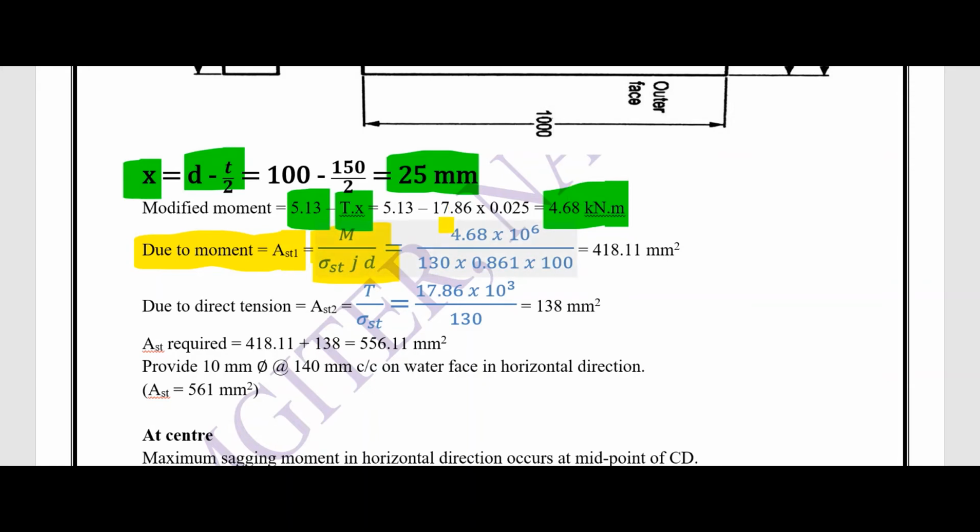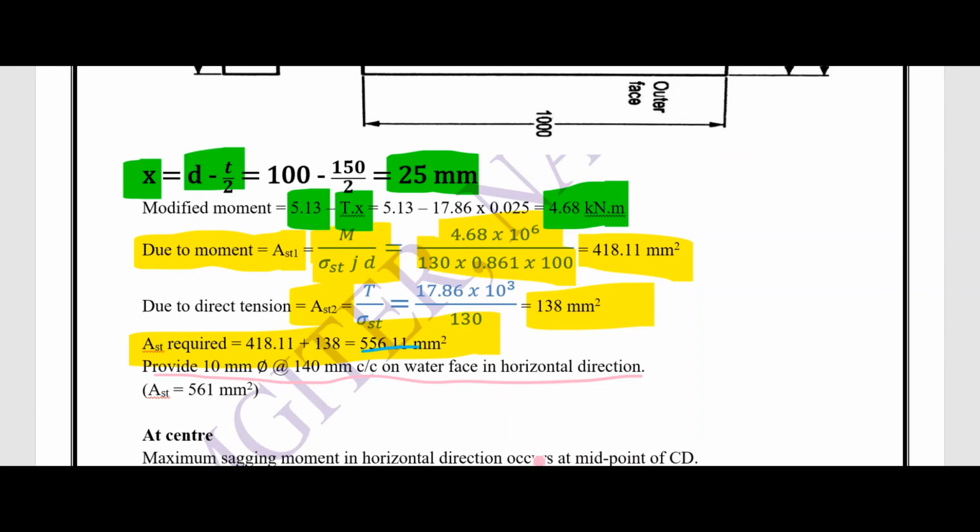So AST1 is 418.11 mm square, as well as AST2 is 138 mm square. So AST required is 516.11 mm square. So we are going to provide 10 mm dia at 140 mm center to center on the water face in the horizontal direction.